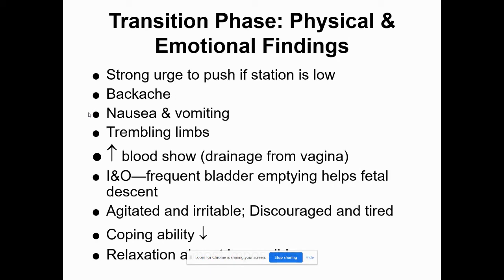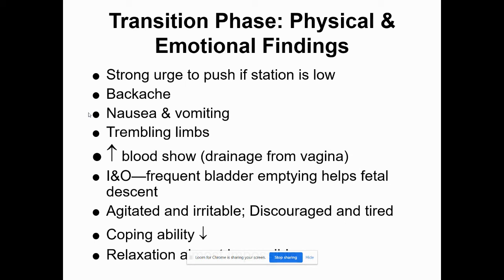If the woman has an epidural in place, there will be a Foley catheter inserted because she has no sensation down there. And so if she has an epidural, then this might not come into play because she'll have a catheter in. The woman is typically agitated and irritable. This is the time when you might hear some women scream for their husband to get away from them, and it's their fault they're in this position.